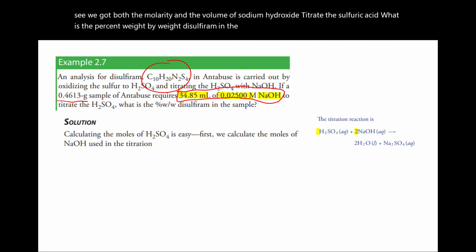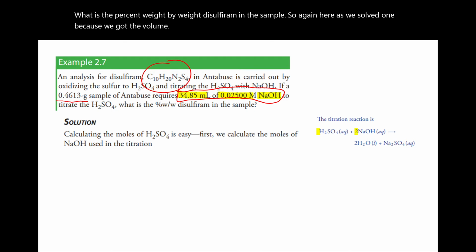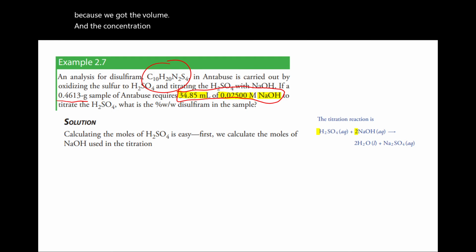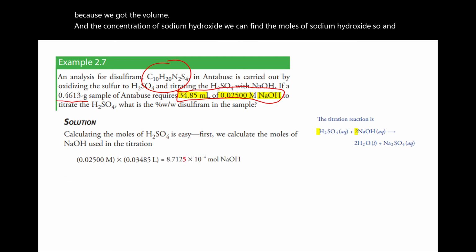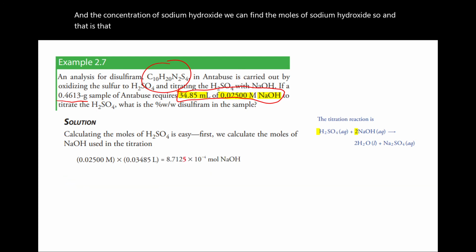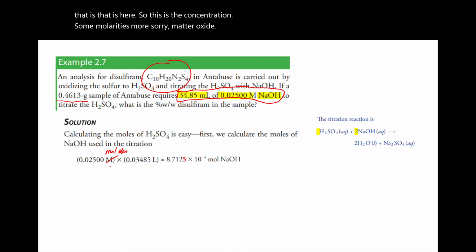So again here, because we got the volume and the concentration of sodium hydroxide, we can find the moles of sodium hydroxide. So this is the concentration. Molarity is moles of sodium hydroxide per liter of sodium hydroxide.